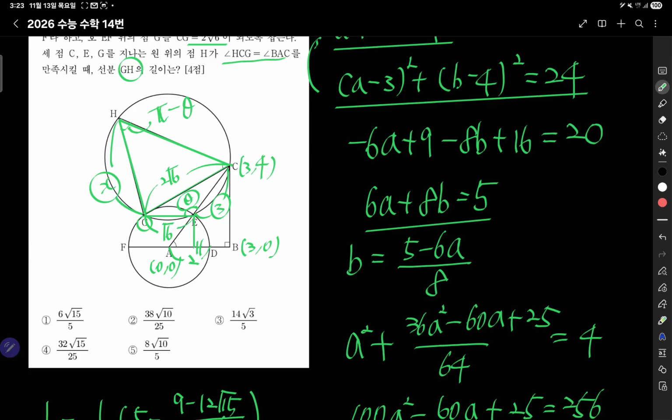And because these two angles have the same measure, we already know the angle HCG, the sine value is 4/5, because that's equal to the sine value of BAC.